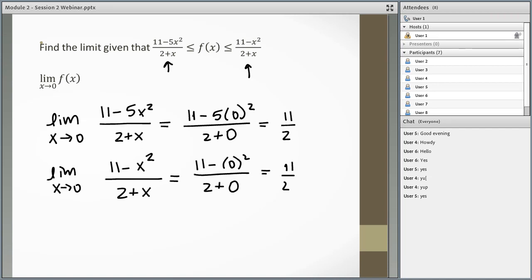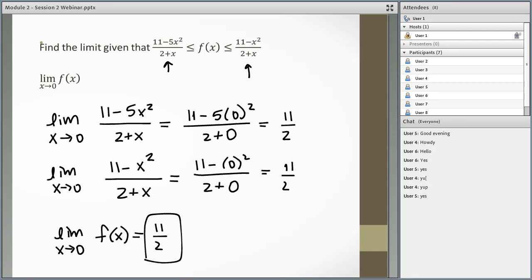So the idea is, because those two functions, one's above and one's below, have the same value, that means that the function in the middle, f of x, also shares the same limit. And like I said, if we had two different values, we couldn't make this conclusion. But because they're the same, we can conclude that the limit of our function is also 11 over 2 as x approaches 0.